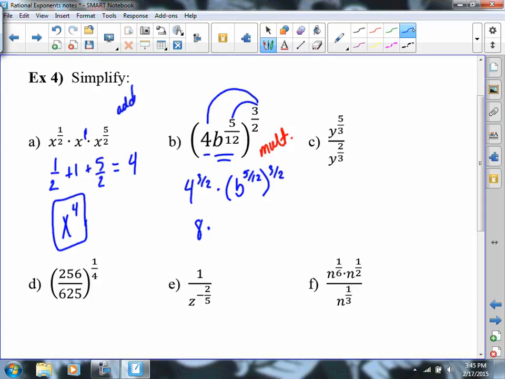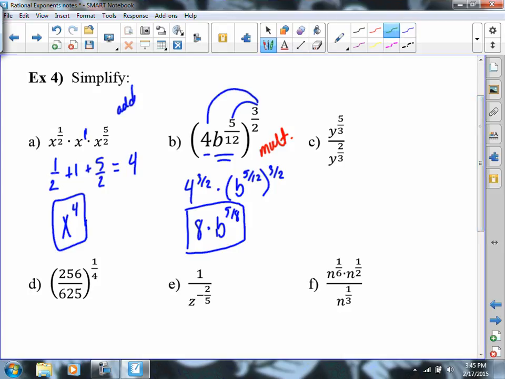You can do that on your calculator, and you should get b to the 5/8. Now the calculator won't put the b in there for you, but if you do 5/12 times 3/2, it'll get you 5/8. So distribute that exponent that's outside the parentheses to each term, even when it's a fractional exponent. And then you can simplify each part.